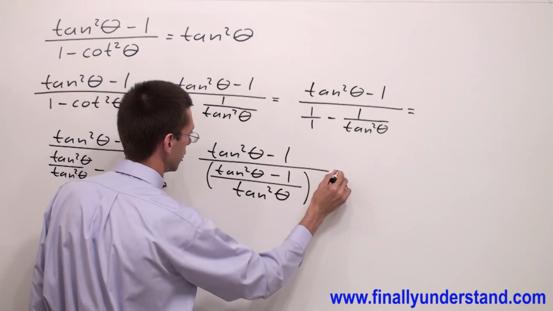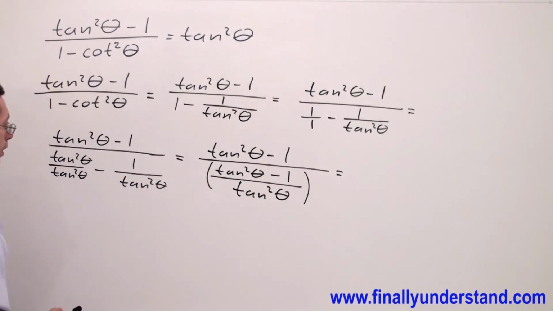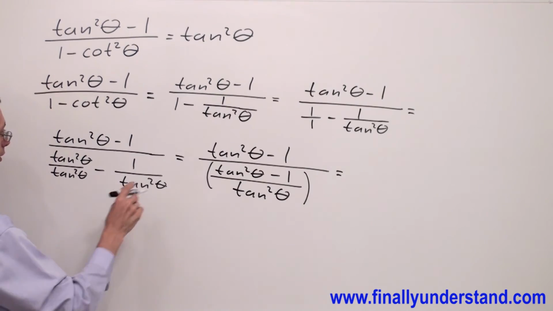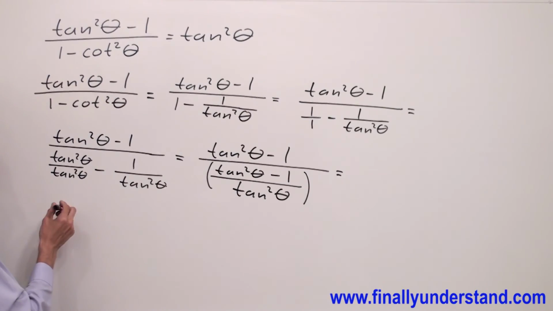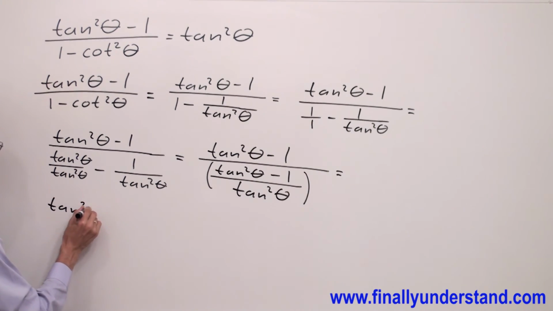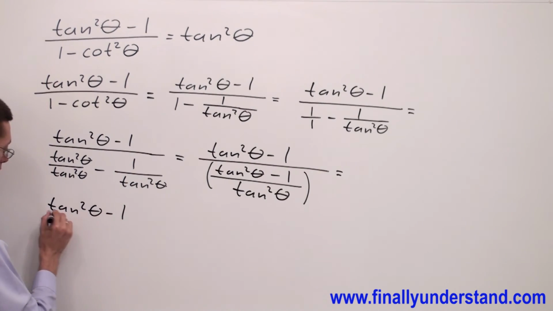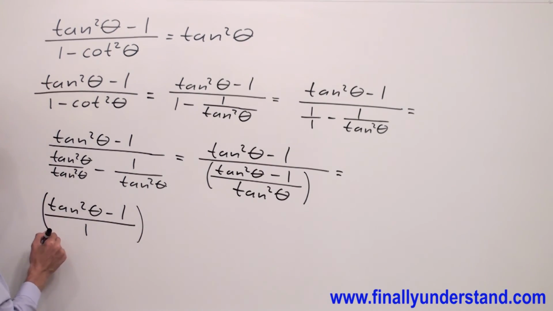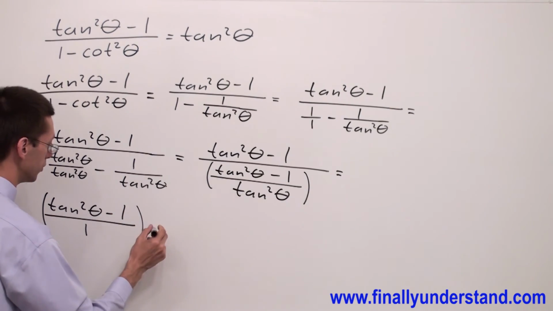Now, we have division. In the denominator, I have fraction. I'm going to rewrite the whole fraction as the regular division. So I'm going to have tangent square theta minus 1 over 1. I convert the numerator to fraction because I have a fraction in the denominator.